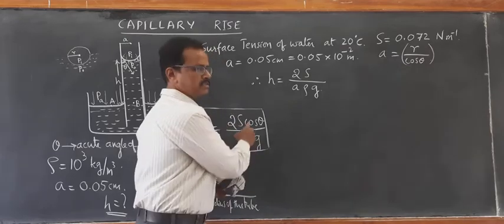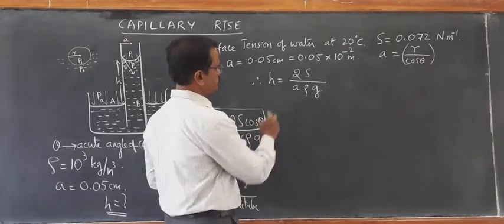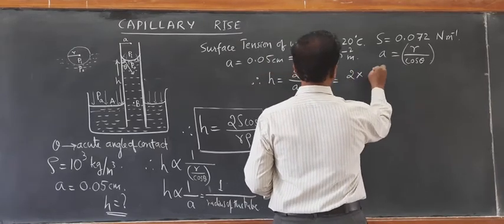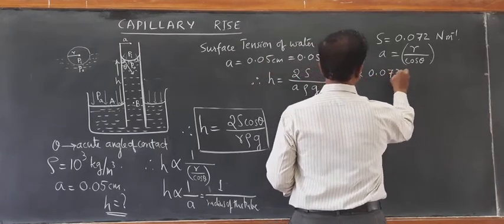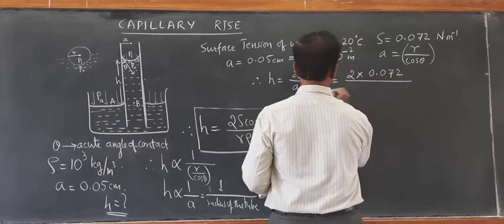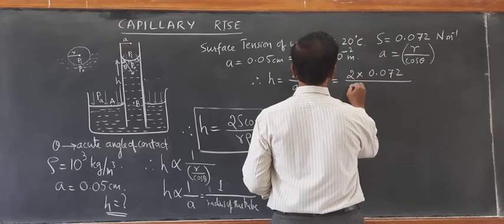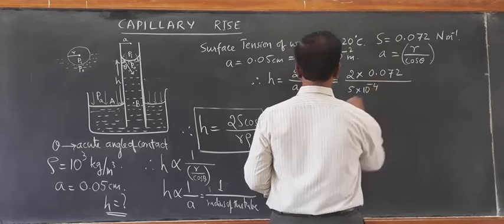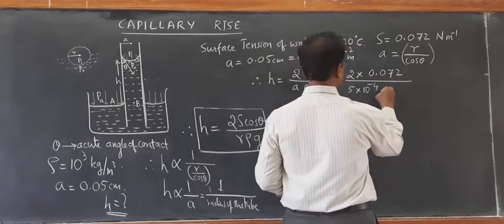R upon cos theta is in the numerator. So if you substitute this, we get 2 into 0.072 divided by 5 into 10 to the power of minus 4 into 10 raised to 3.